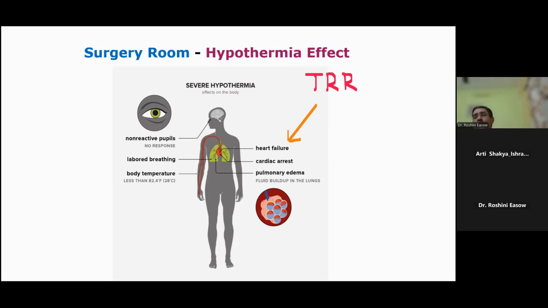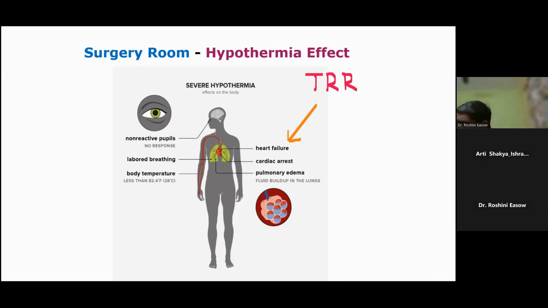So when the warming up is happening, if you suddenly warm up, and the body temperature outside and inside is very different, there is a possibility of hypothermia. That is why this type of problem happens in cardiovascular thoracic surgery. So there you incorporate a TRR, temperature recovery rate.